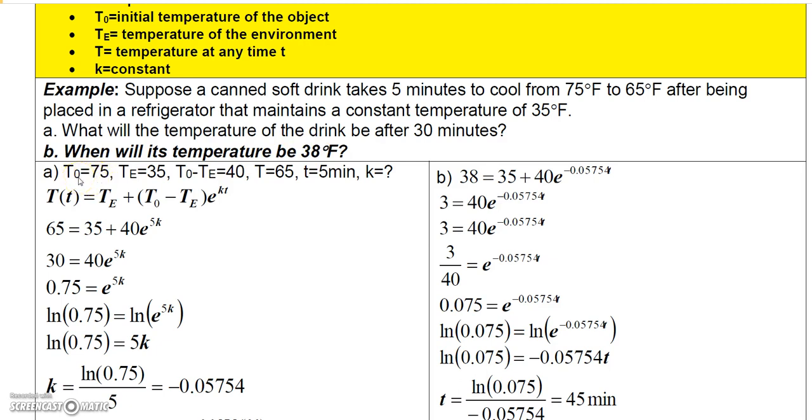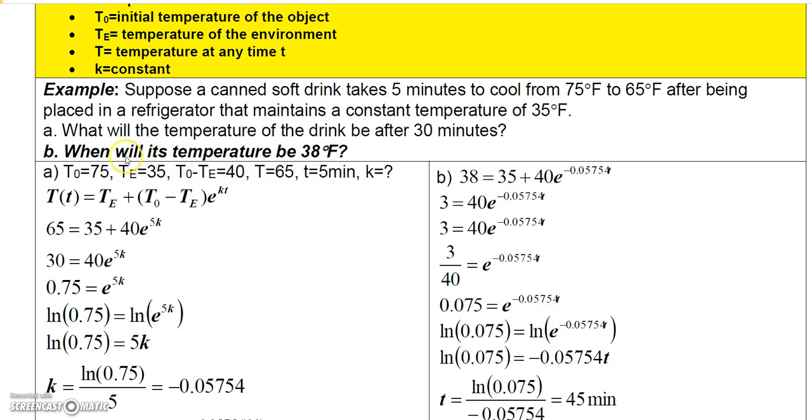The initial temperature of the soft drink was 75 degrees. The temperature of the environment in the fridge is 35 degrees. And so the initial temperature, 75 degrees, minus the temperature of the environment, 35 degrees, is 40 degrees. And we know that T reduces to 65 degrees in 5 minutes.